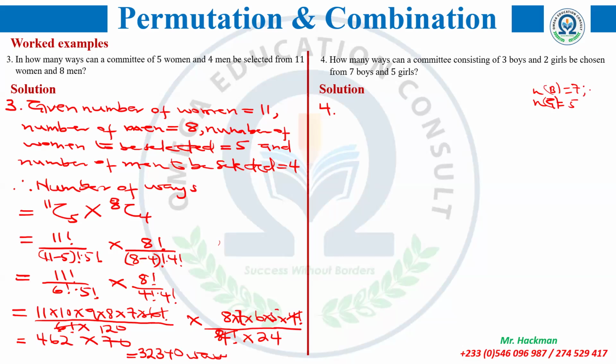Okay, with this one, the R that I have there will be what? I'm selecting 3 of the boys. With this one, my R will be equal to what? I'm selecting 2. Is that clear? Yes, please. Okay, so the information that I have here, I'm noting that already.